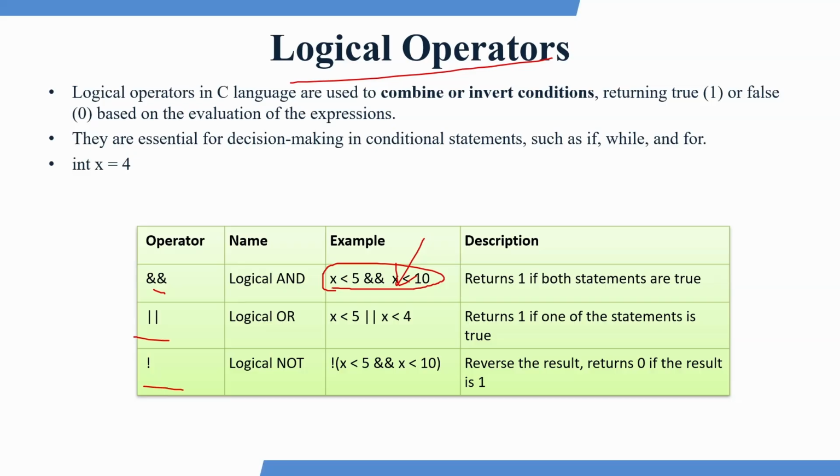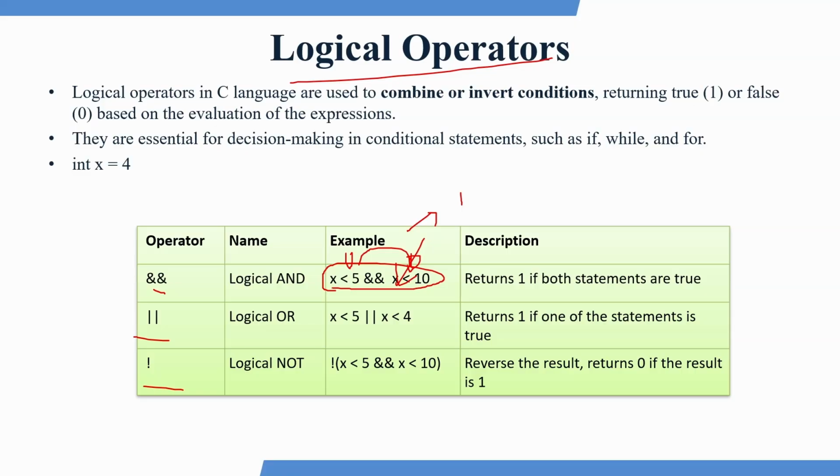The logical operator and is used to combine two expressions. If both conditions are true, it will give the result as 1. If the condition is false, it will return 0. If both conditions fail, or if any one of the conditions fails, it will return 0.